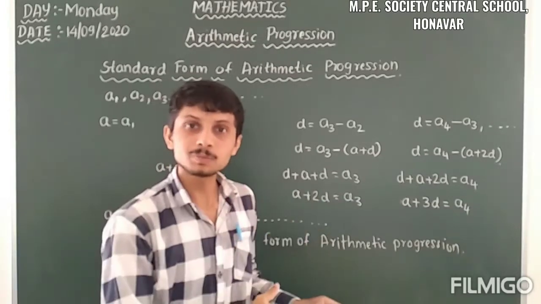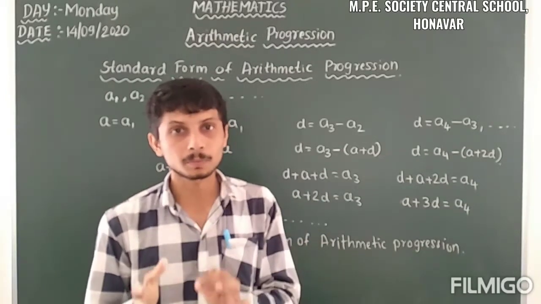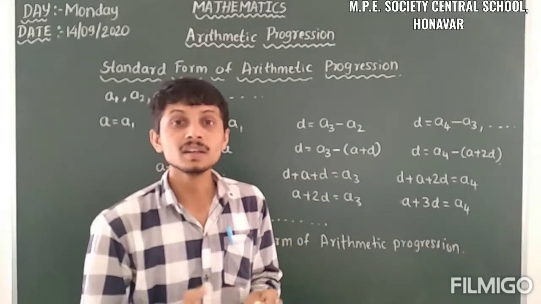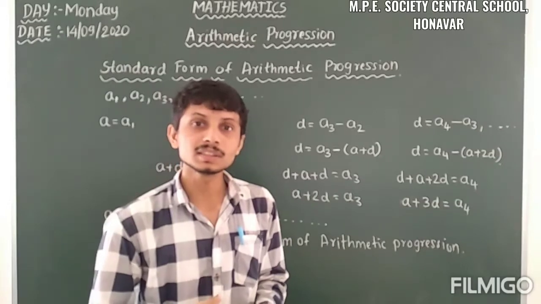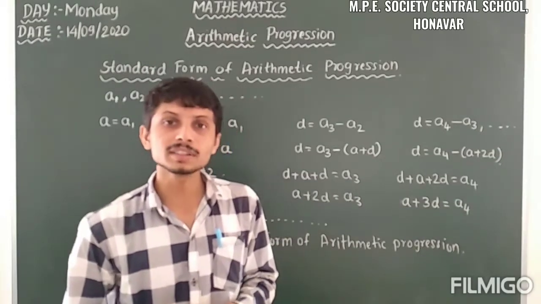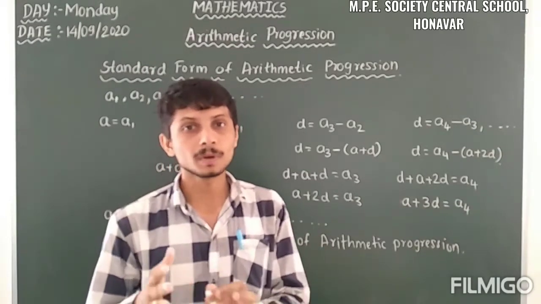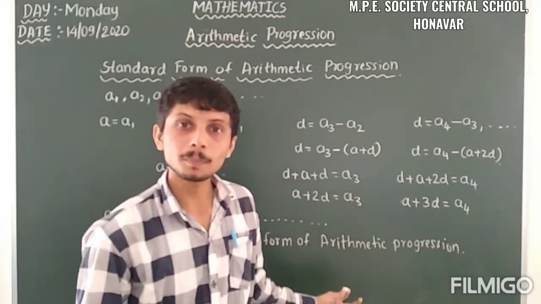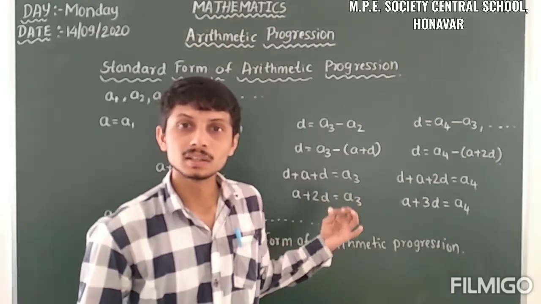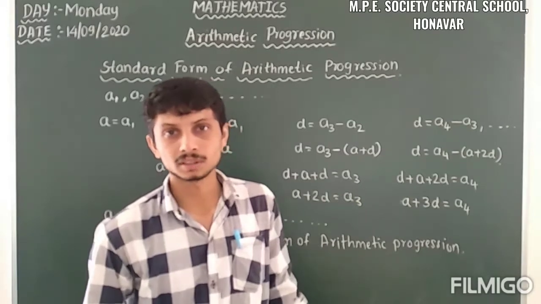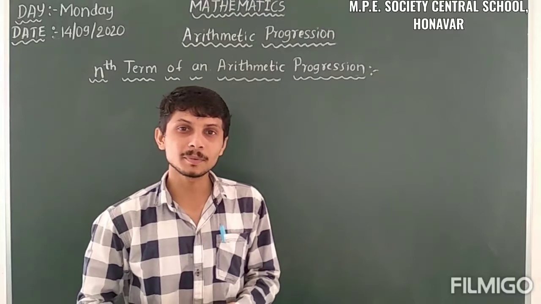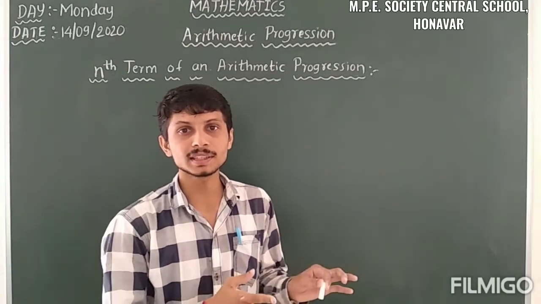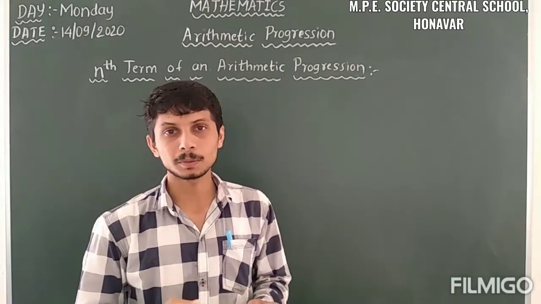So from this standard form of an arithmetic progression we can find the nth term of an AP. So in this class we have to discuss the nth term of an AP, from the standard form of the arithmetic progression.